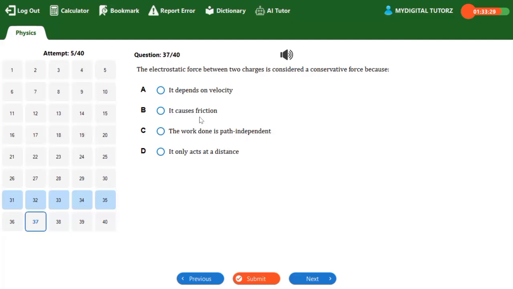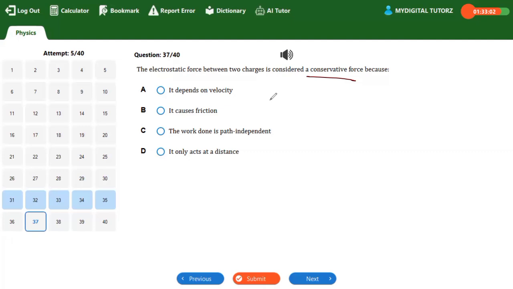But before we move on to the answer, what are conservative forces? Conservative forces are those forces that are path independent. That is to say, it does not depend on how things are moved through a particular path, but it depends on the starting and the ending point.